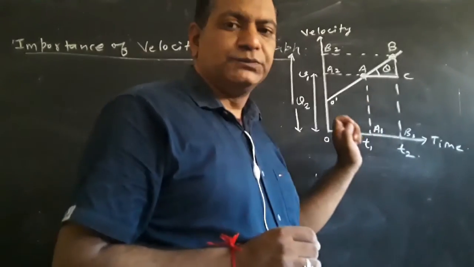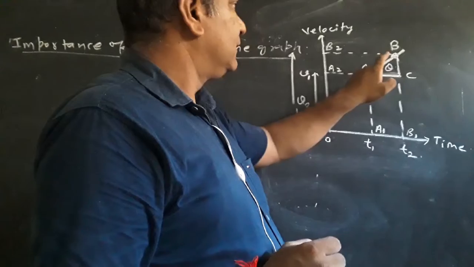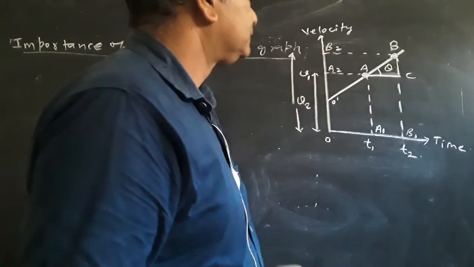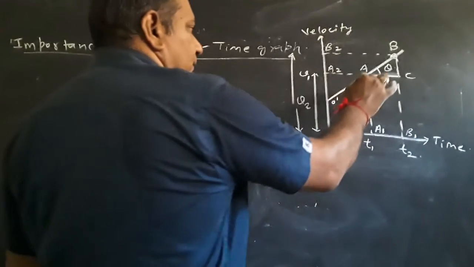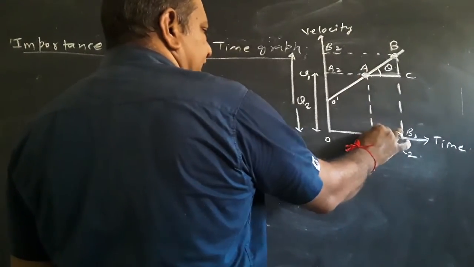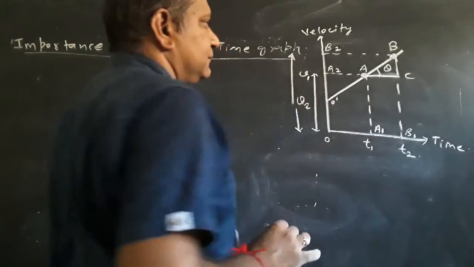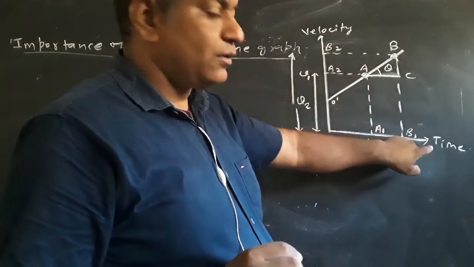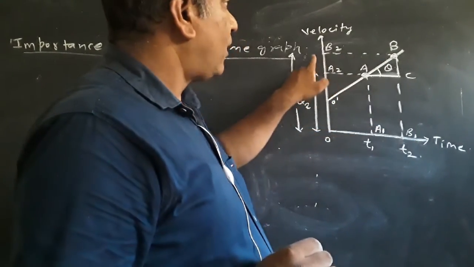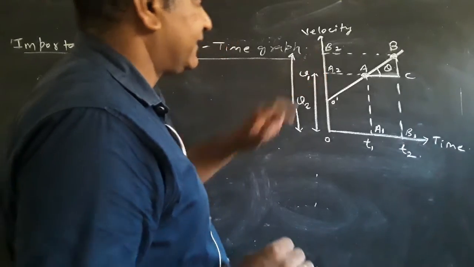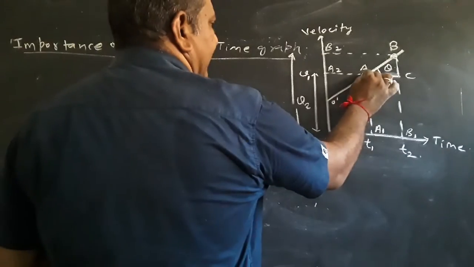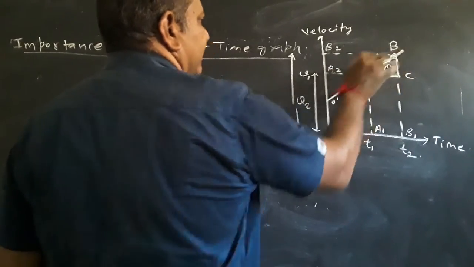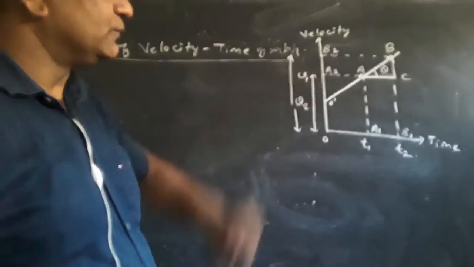After time t2, the position is B, and the velocity at point B is v2. From point A, draw perpendicular A1 on the time axis. From point B, draw perpendicular B1 on the time axis. On the velocity axis, draw the perpendicular from point A, that is A2, and from point B, that is B2.